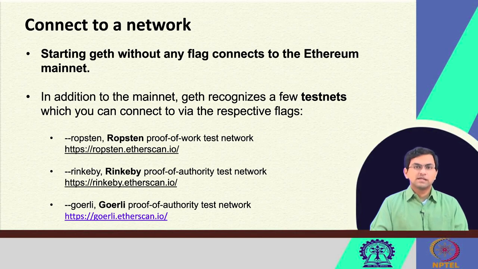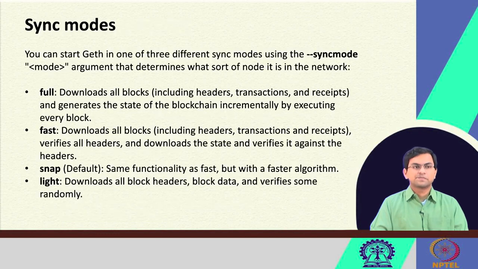The second one, the Rinkeby network, and also the third one, the Goerli network, use a different consensus algorithm, which is proof of authority consensus, where basically a pool of miners handle the work of mining new blocks, and thus it is a bit faster. So, in this particular tutorial, we will be connecting to this third test network, the Goerli test network, and we will see how we can query the network and do some transactions.